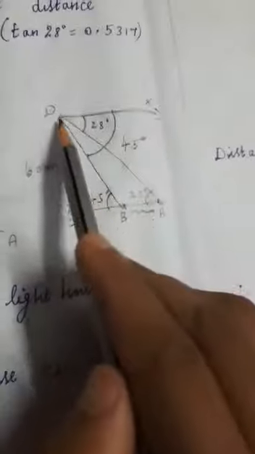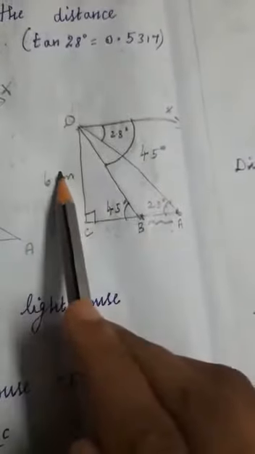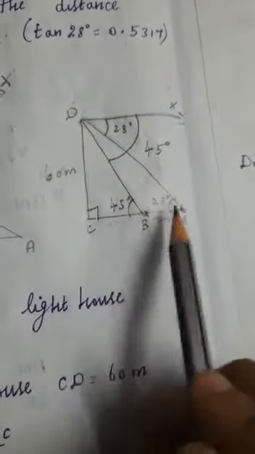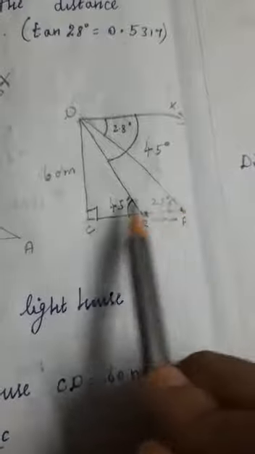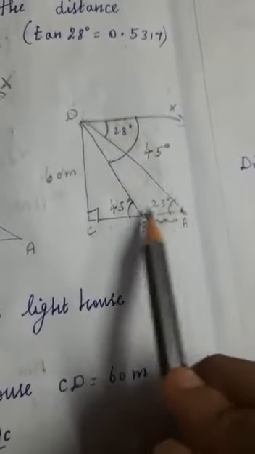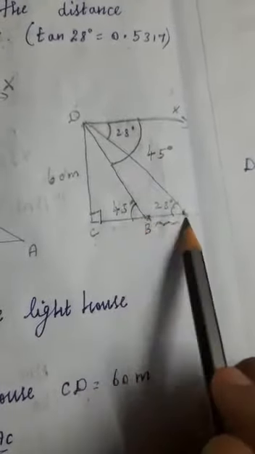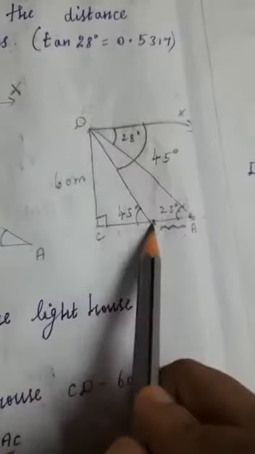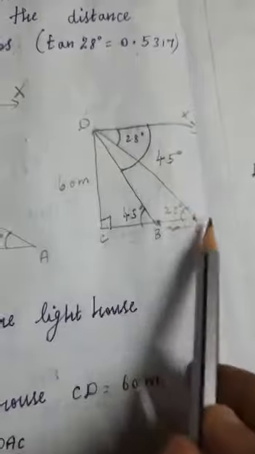Now our question: from the sea level one lighthouse is there. The height of the lighthouse is 60 meter. From the top of the lighthouse there are two ships, on the same side of the lighthouse, and one ship is exactly behind the other. That's why we have drawn it like this. From the top of the lighthouse they are looking at one ship, and next they are looking at the second ship.